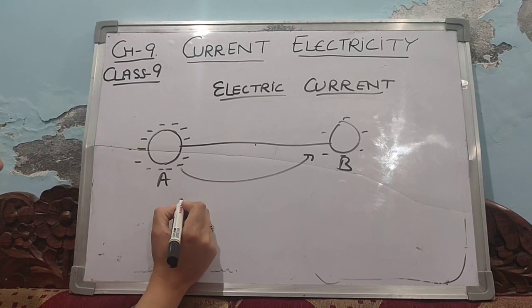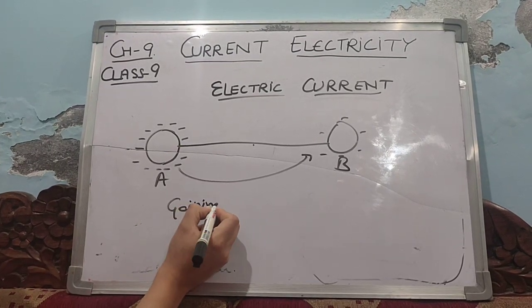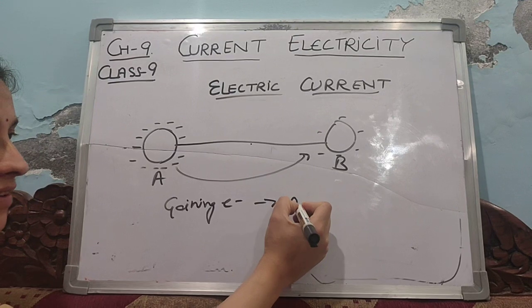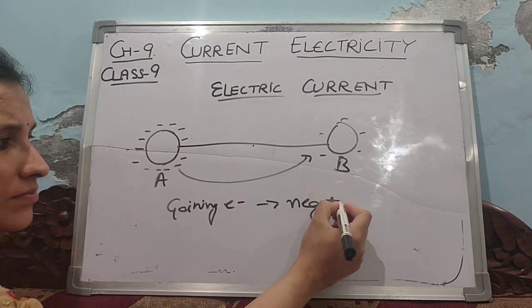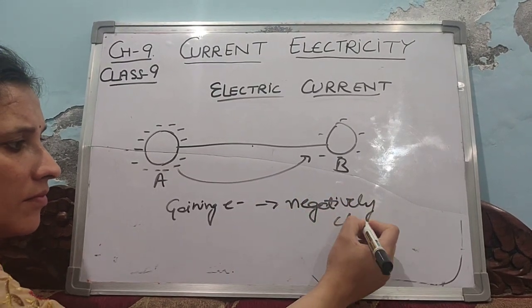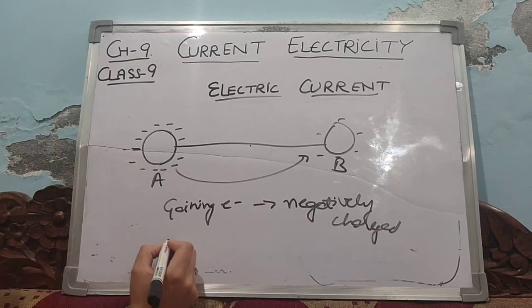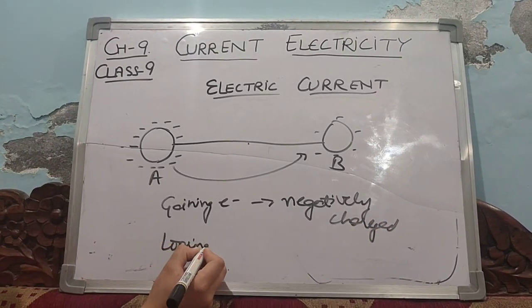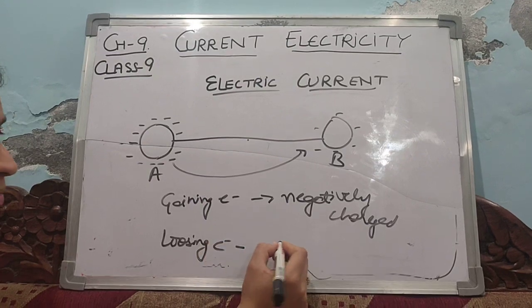Remember, the body gaining electrons becomes negatively charged, while the body losing electrons becomes positively charged.